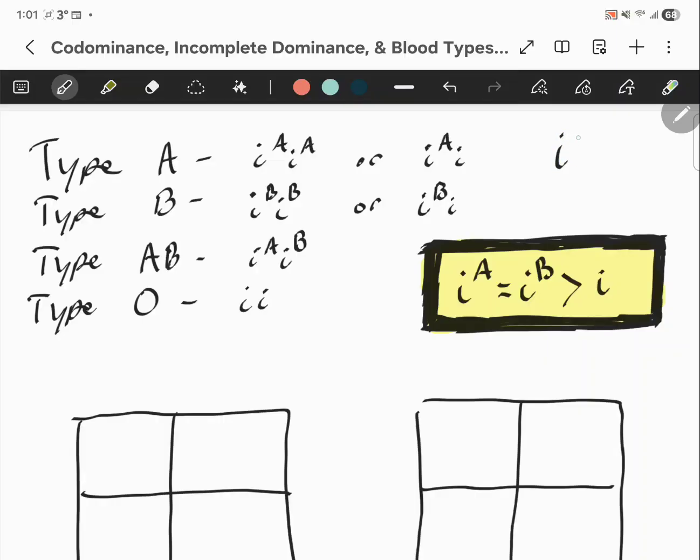In this case, we're using I, and then we put the allele in the exponent. So for type A blood, it could look like that. The reason we do that, I don't really remember, but you could think of it as a way to show that this is non-Mendelian genetics.